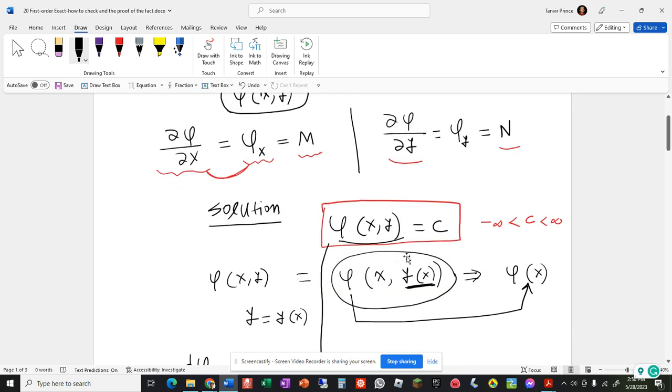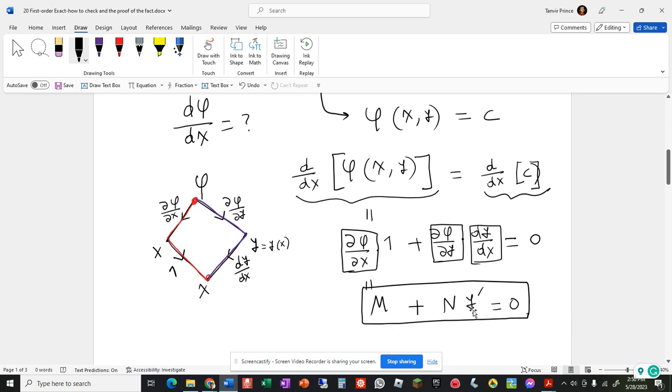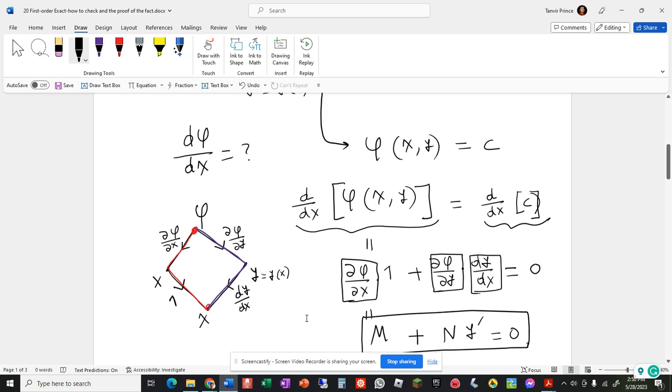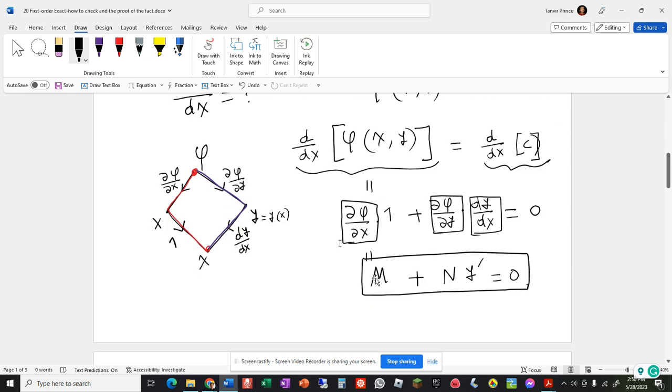So when I take the derivative, my y prime satisfies this differential equation. This equation is true. And that shows that this implicit equation represents the solution of this differential equation, because y satisfies this differential equation. Very simple proof, but very important to understand.